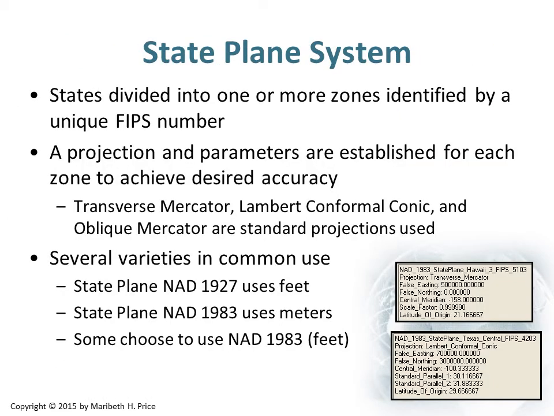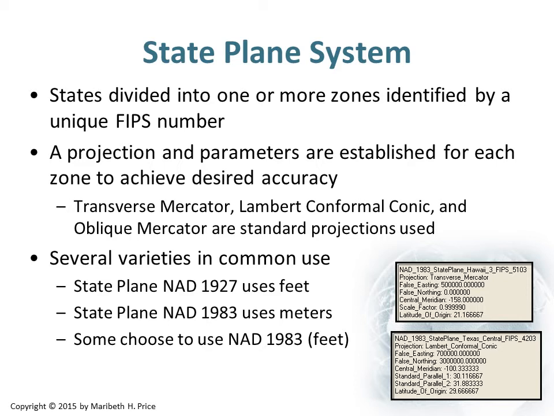State plane system is another really common one. And basically each state is divided up into one or more zones. They have these unique identifying numbers that identify the zones. And within those zones, they create a projection with its own parameters that are designed to achieve the best and most accurate projection of data in that area.